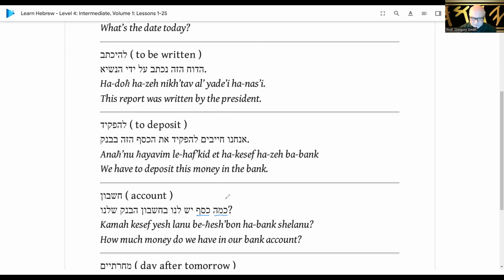Okay, it can also be used, but if you put it together with kesef, kama kesef. There we go. כמה כסף? Okay, so kama kesef, yes. So how much there is, lanu, to us, baheshbon.